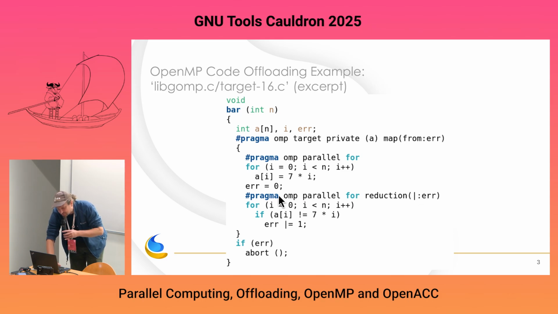In this case this means if one of the iterations computed the incorrect value up here, then error will be set to 1, and in the end we will have error set to 1 here, because 1 or 1 is still 1. And then we can check that here. So that's very primitive OpenMP offloading code from this libgomp test case here, just chosen randomly.